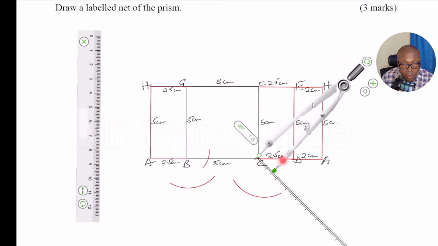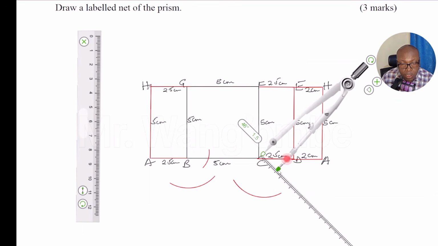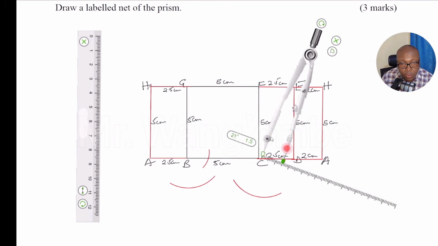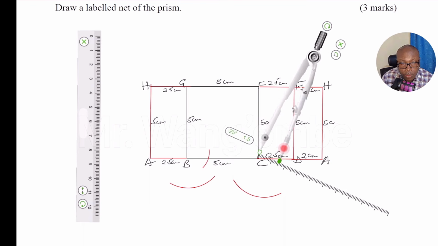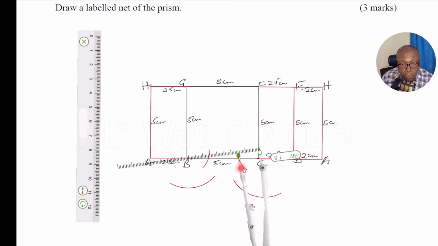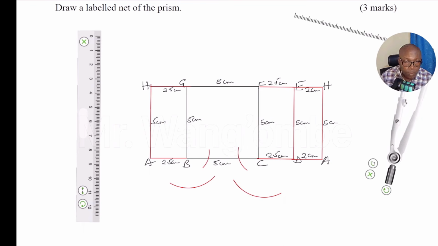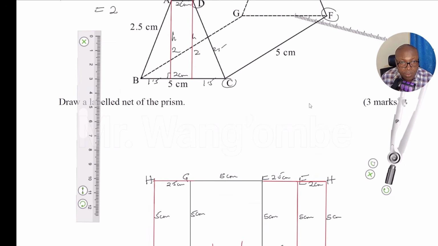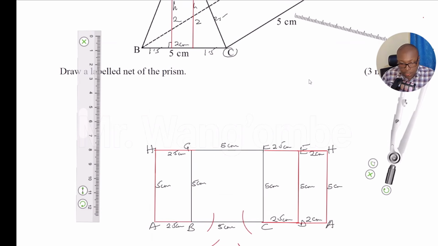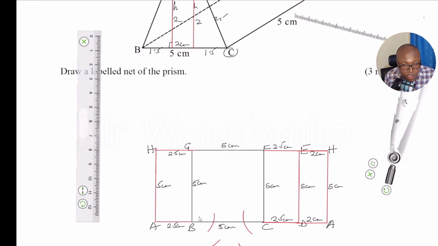And then from C, again 1.5. So 1.5 will be there. All right, so you can see why I'm making those points. Remember we have these 1.5 sides, 1.5 here and 1.5 here. So this one is 2 centimeters.